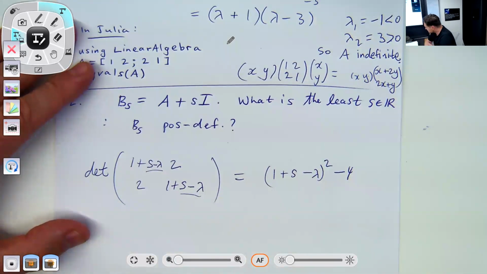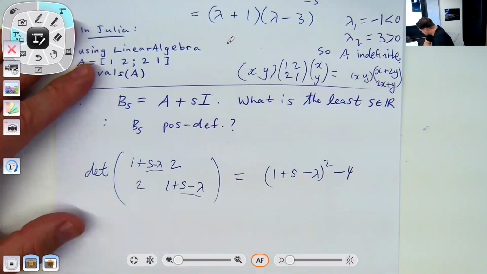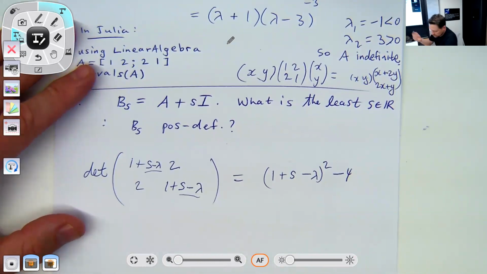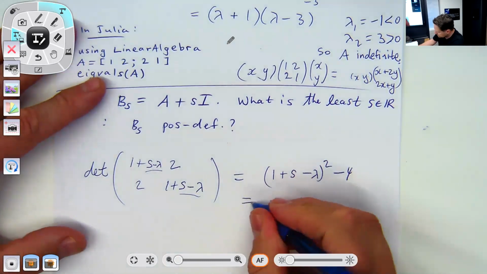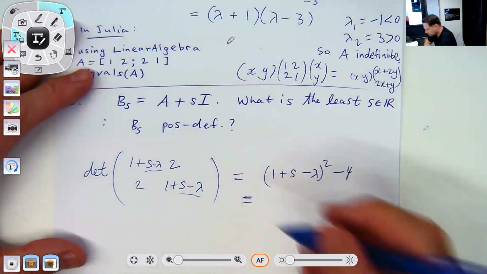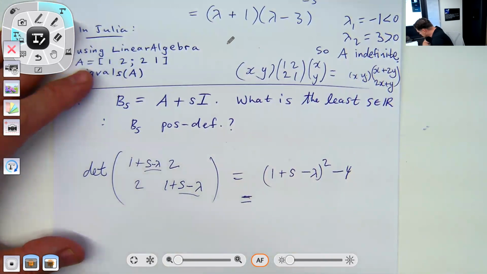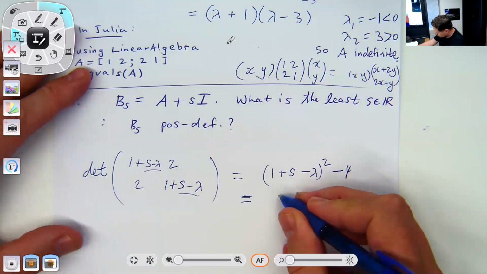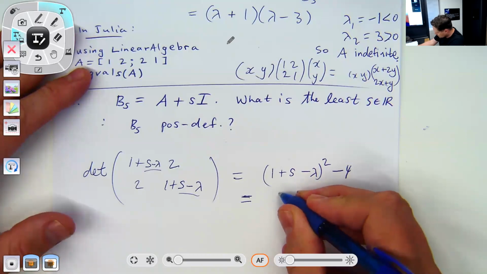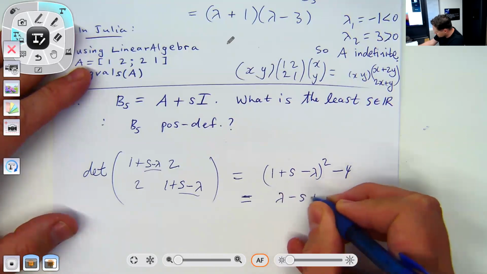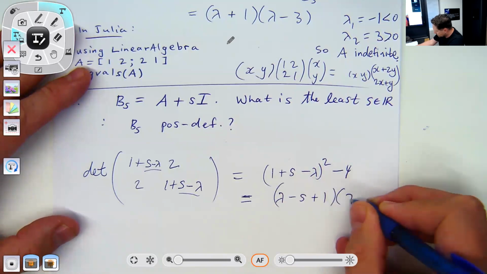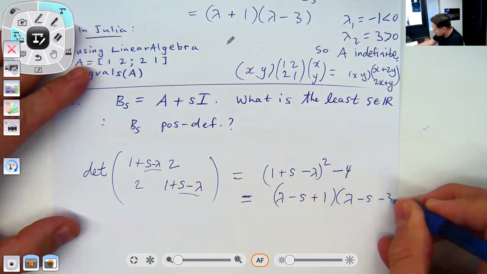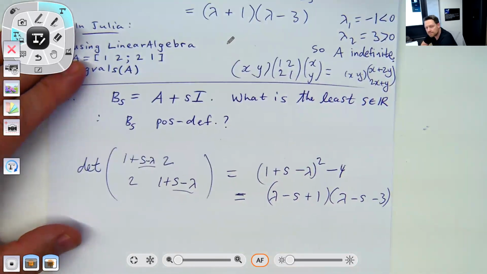Okay, and I want to expand this and then calculate the eigenvalues. So we have lambda minus s plus 1, and then lambda minus s minus 3 when we factorize that.